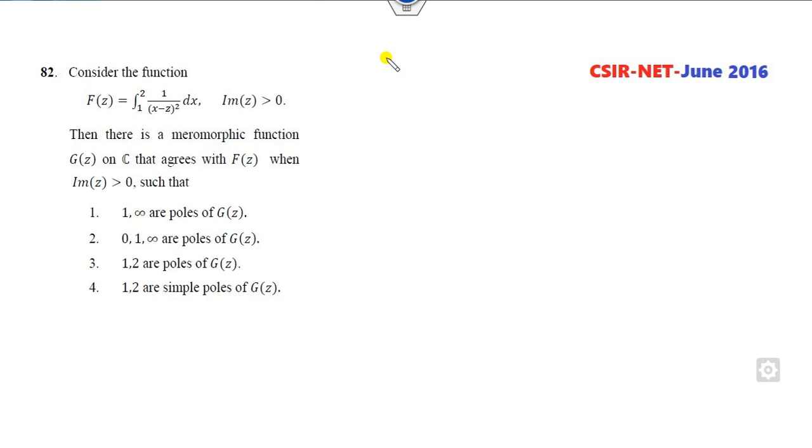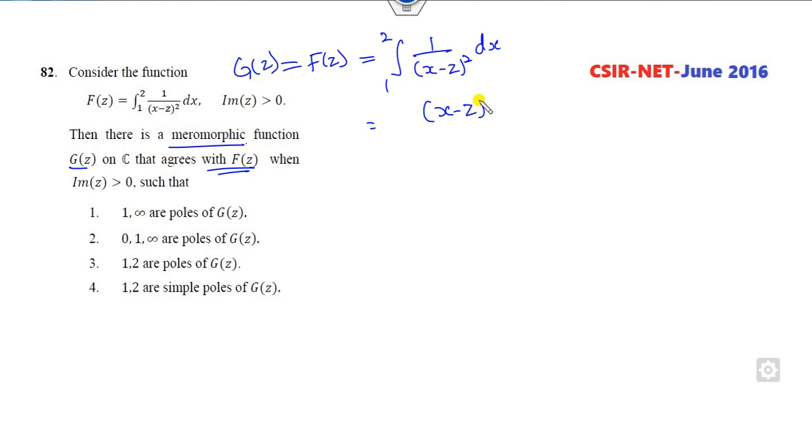Okay, consider the function f, the integral from 1 to 2 of 1 over x minus z whole square dx. There is a meromorphic function g that agrees with f. That means this is the same. So I integrate this with respect to x. When you substitute 1, it is 1 minus z, and when you substitute 2, it is here.